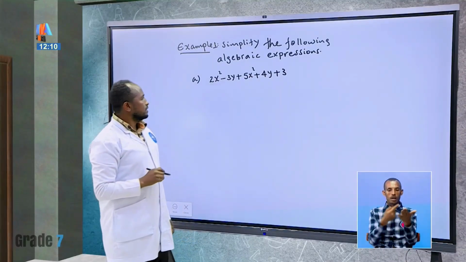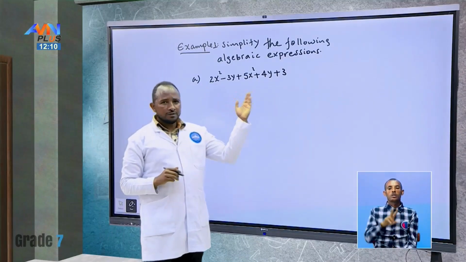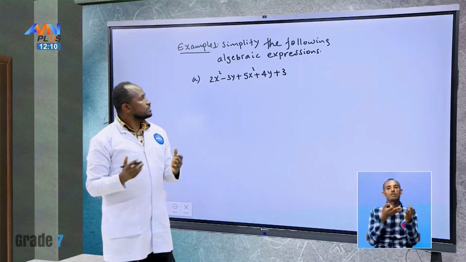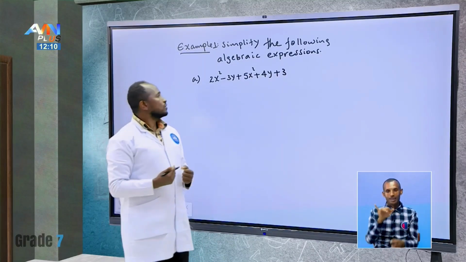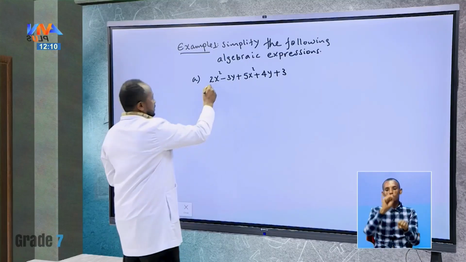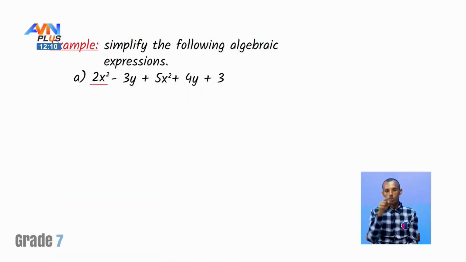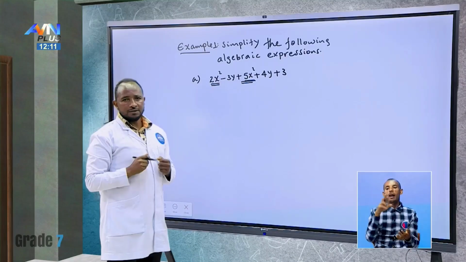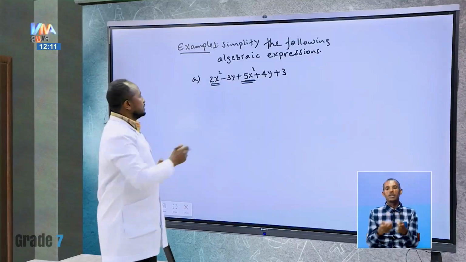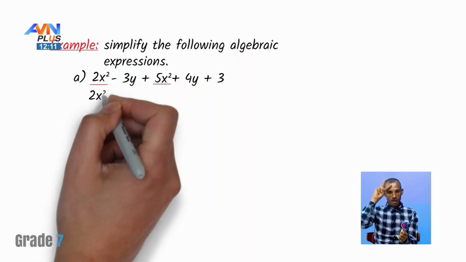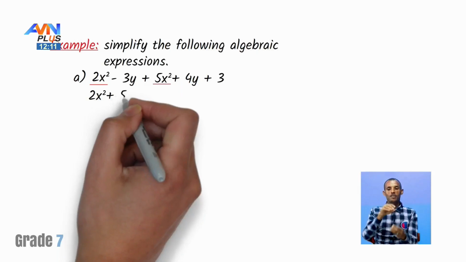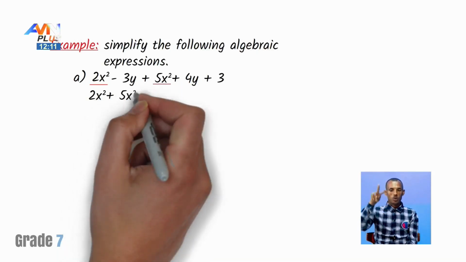Here, to simplify this expression, your first step is to put like terms together. As you can see, 2x squared and plus 5x squared are like terms. So let's put them together: 2x squared plus 5x squared.